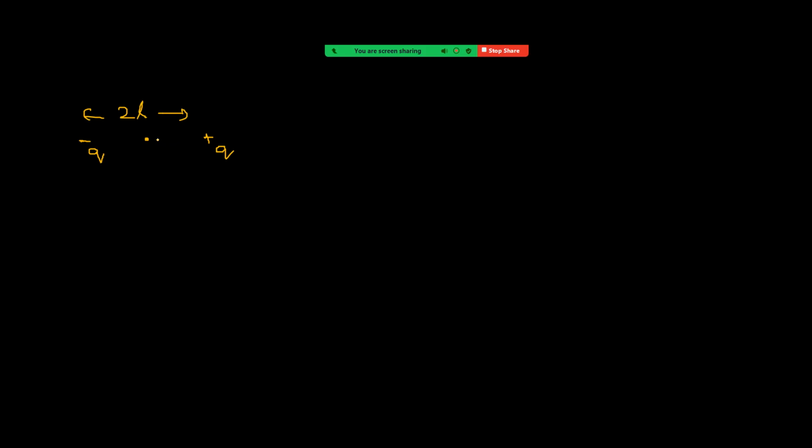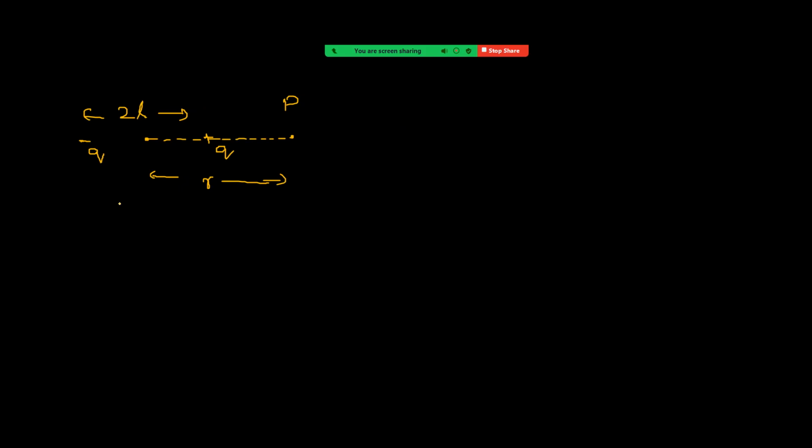We want to calculate potential at a point on the axial line. Axial line means it is a line joining both the charges. Let us take distance r from center of dipole up to that point P. Okay, then see what we get here.